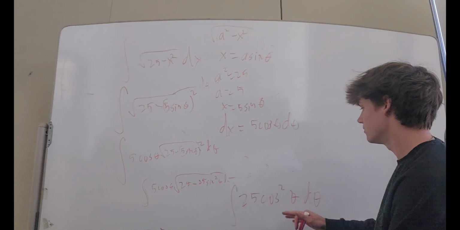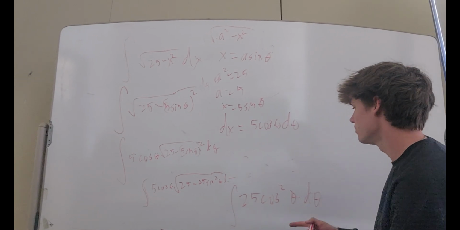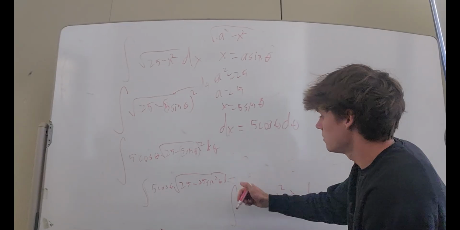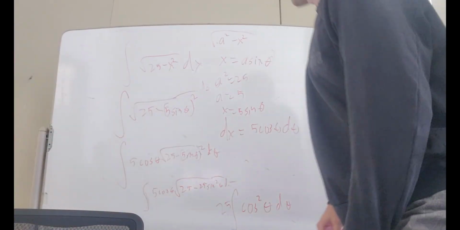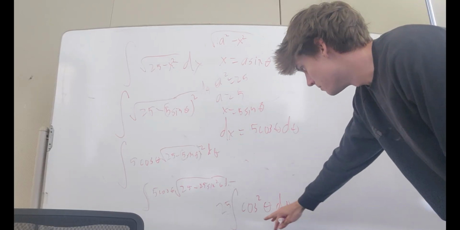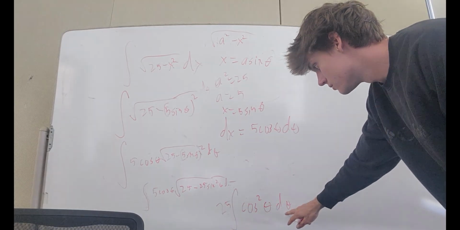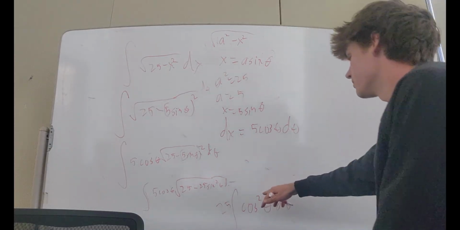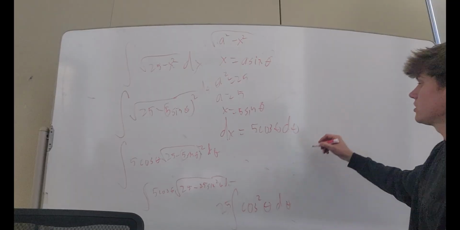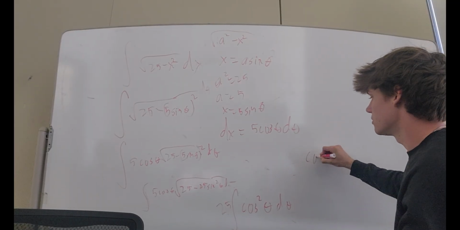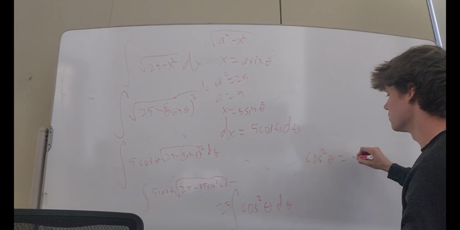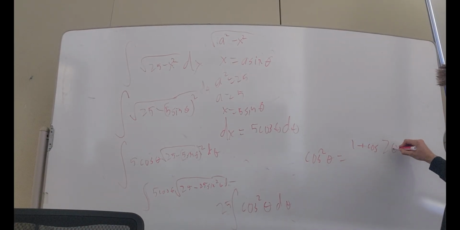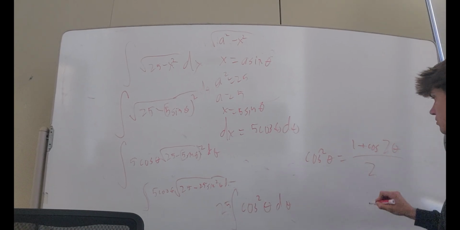Now this is much easier to integrate than when we had the root. What we can do is just take the 25 out to the front. When we have this integral of cosine squared theta d theta, you can't do a u sub because of the square, but there's a rule that says cosine squared theta equals 1 plus cosine of 2 theta, over 2.